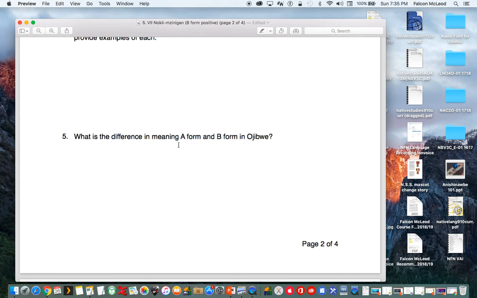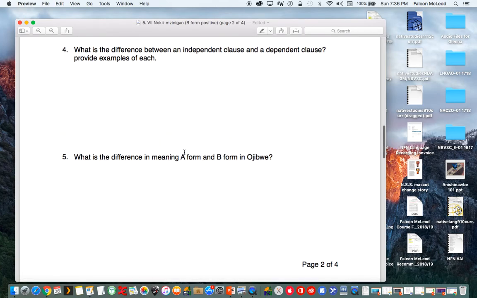What is the difference in meaning between A form and B form in Ojibwe? Why do we use terms like A form and B form? And which one are they? Is A form a dependent clause or an independent clause?